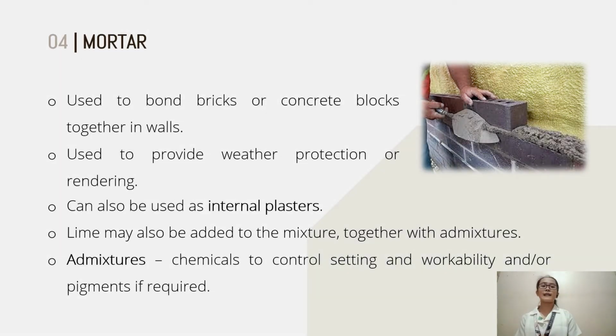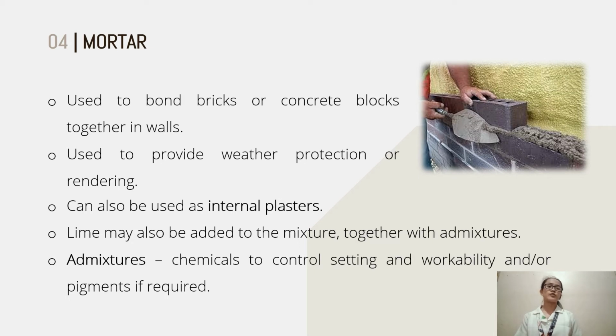Now we'll be tackling the fourth one, the mortar. In the introduction, I've mentioned that mortar consists of cement, water, and sand. But in some circumstances, lime may also be added to the mixture together with the chemicals to control setting and workability and/or pigments if required, also known as the admixtures.